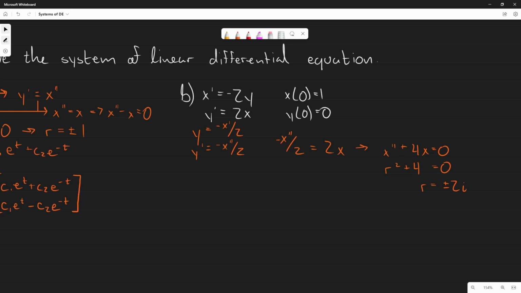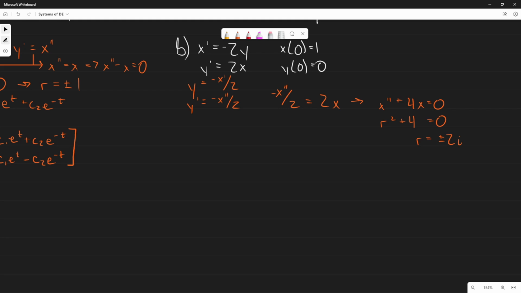And so this gives us the case of complex roots, allowing our solution x of t to equal c1, because a is 0, there's not going to be any e, so it's going to be c1 times cosine of 2t plus c2 times sine of 2t. And again, this is only half of the answer.